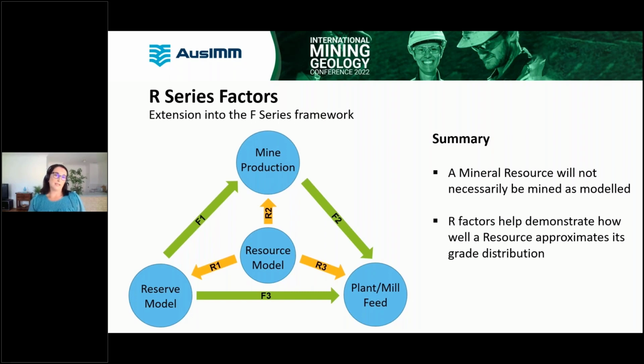And in such cases, the mineral resource and the ore reserve would be very similar within the volume planned for mining. But significantly, such factors may help demonstrate how well a mineral resource approximates its grade distribution as infill drilling is completed or as dilution or loss wanes.